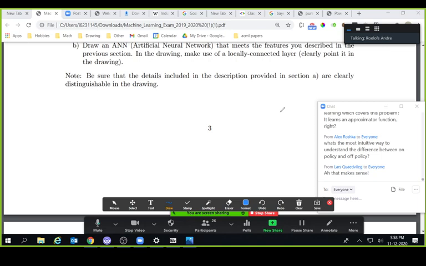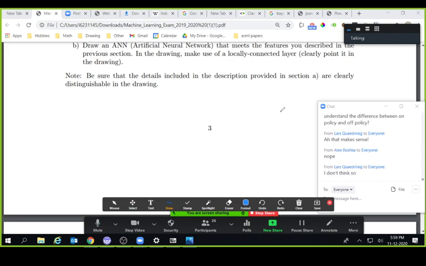Did you guys also have TD lambda as your reinforcement learning algorithm? Nope. Okay, then I will not explain it. Yes, Sarsa is the on policy method, because Sarsa looks at the state and chooses an action. So it's very different.